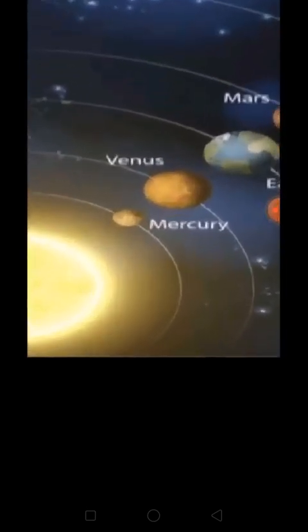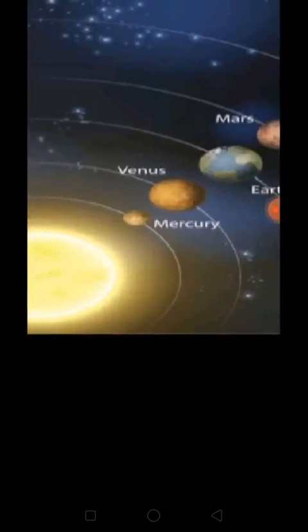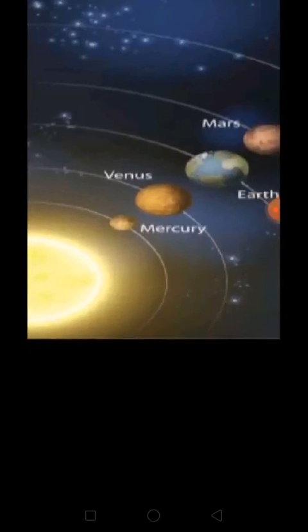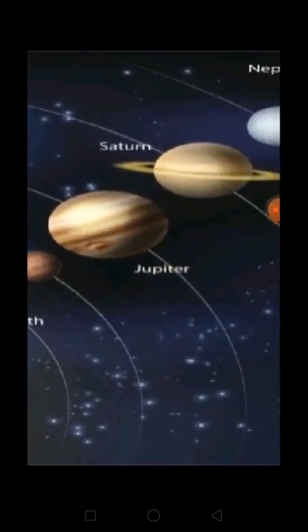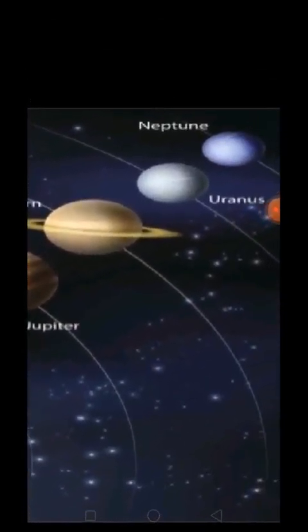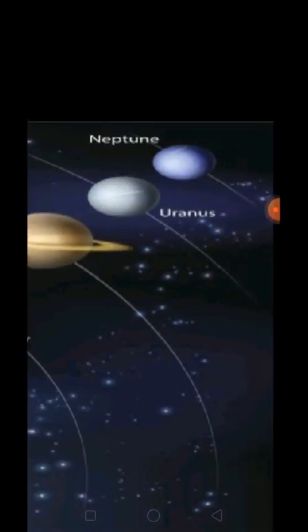In the increasing order of distance from the sun, the 8 planets are as follows. The first one is Mercury, closest to the sun. Then Venus, then Earth, then Mars, then Jupiter, Saturn, Uranus, and lastly Neptune.